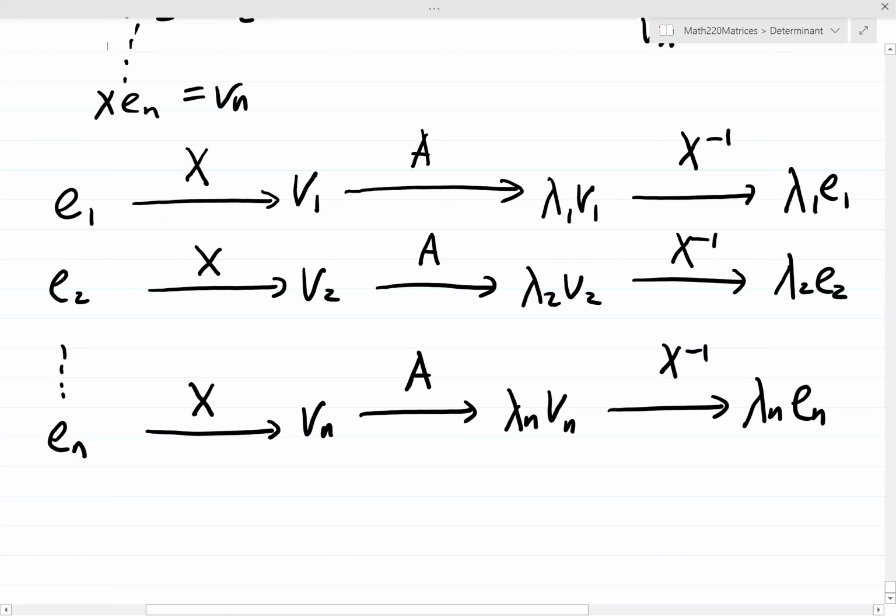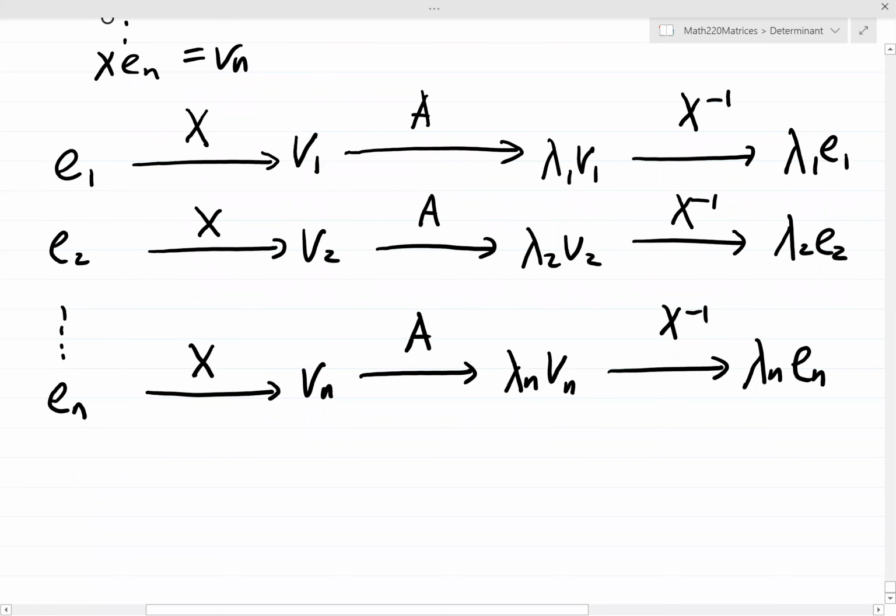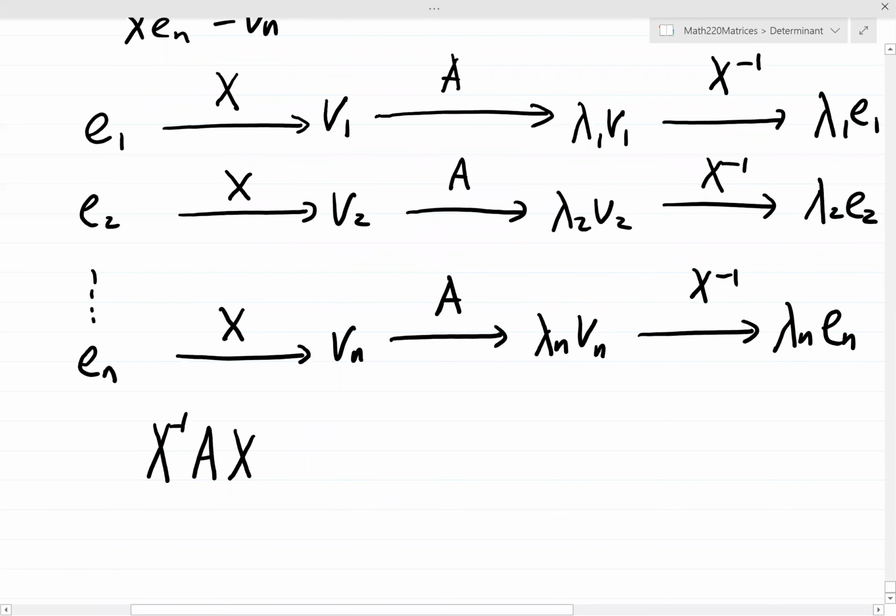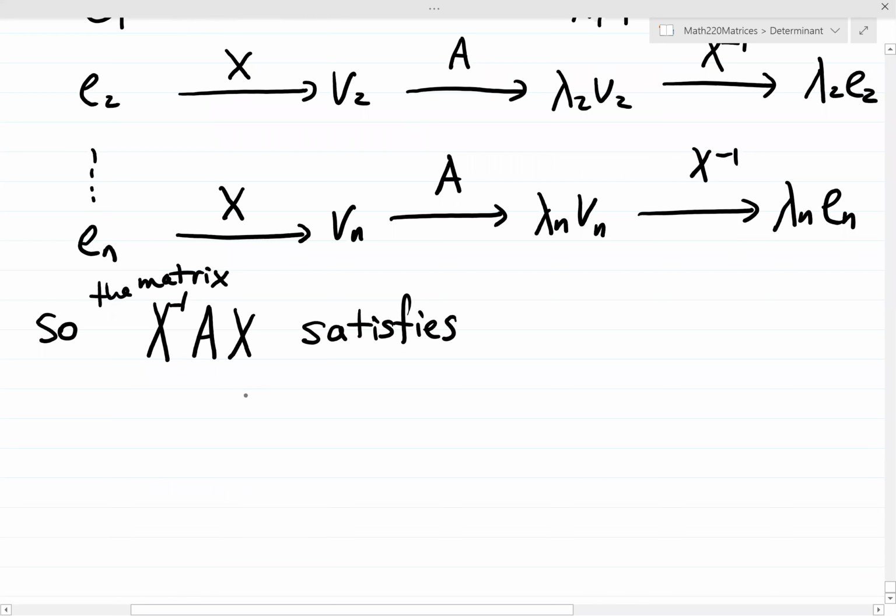If you view this as a black box, it is matrix multiplication by X, then multiplication by A, then multiplication by X inverse. So this operation, the matrix X inverse AX, satisfies: we plug in Ei, output lambda i Ei.